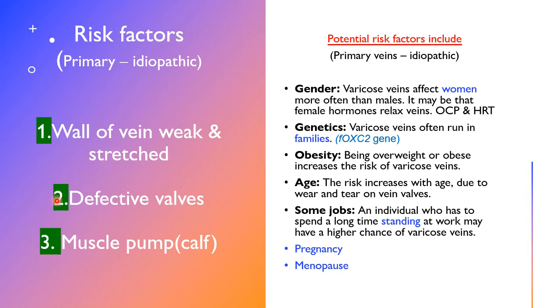Secondly, a defect in the valves, where the valves become incompetent and allow backflow of blood. And another important factor is the muscle pump, especially the calf, which is very important in pumping the blood back to the heart.